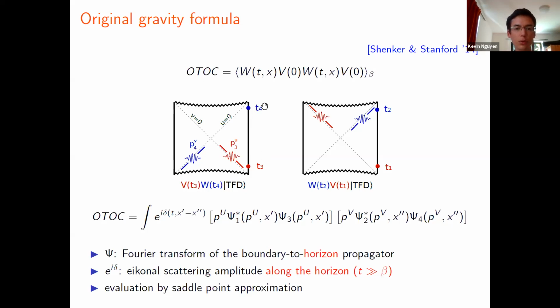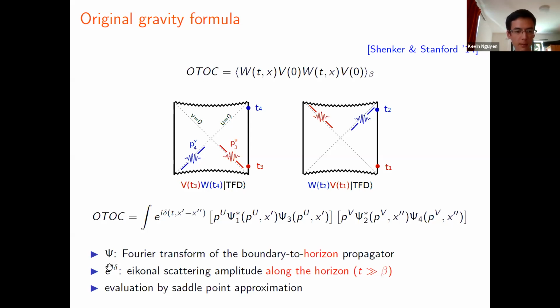So basically you represent this state on the past horizon, and you decompose the wave function into right moving momentum modes. So you play a similar game for all insertions, and then you proceed to the transition amplitude in momentum space. So you proceed with the 2-to-2 scattering amplitude of momentum modes that scatter along the horizon.